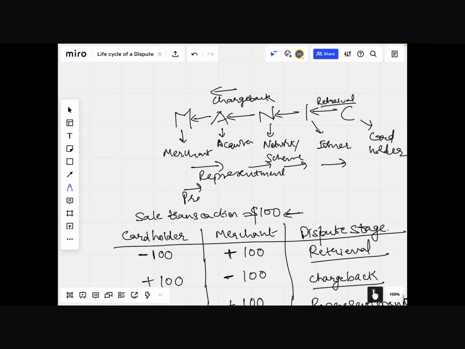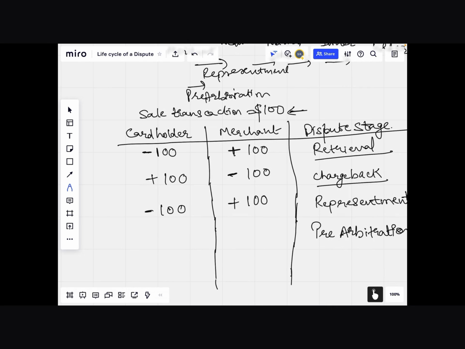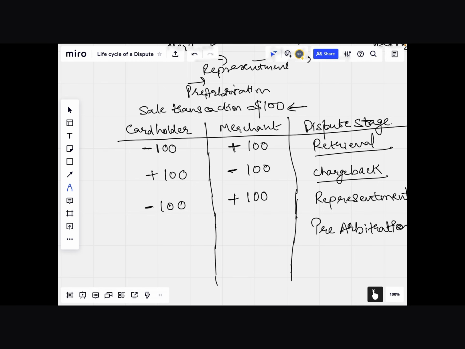And we call it here pre-arbitration, right? So the merchant is given another chance, and the issuing side says, okay, this is your final chance to say if you have the proof and you are correct or not.